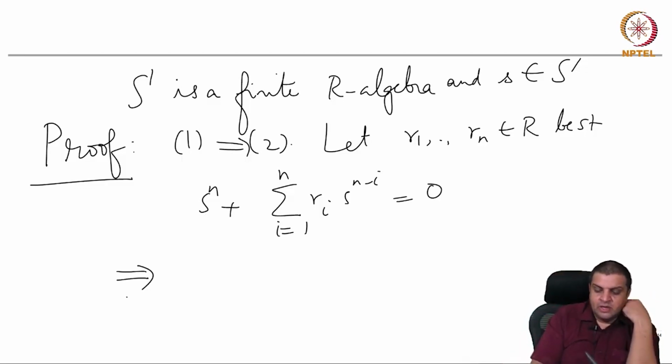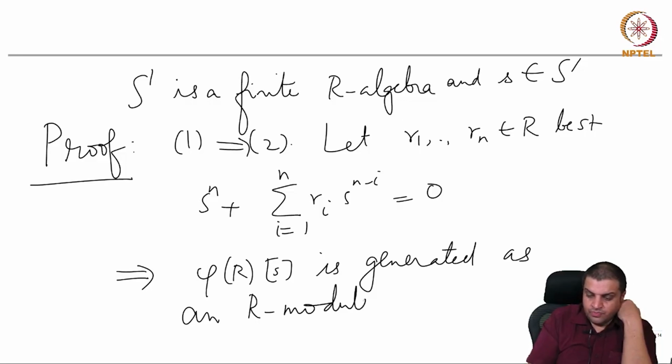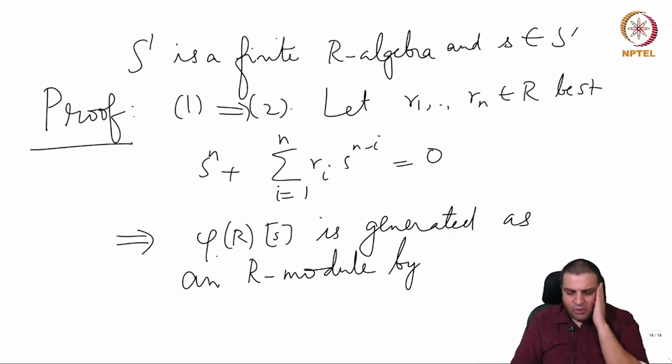This implies now that phi(R)[s] is generated as an R-module by, so think of it as a polynomial ring.